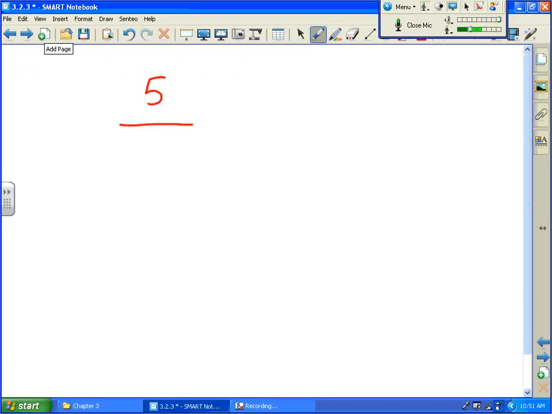If I had something like 5 all over root 7 plus 3, if we were to rationalize, remember, you've got two terms in the denominator, so you're going to multiply top and bottom by the conjugate. That is the same as the denominator, except that the sign in between the two terms is the opposite.